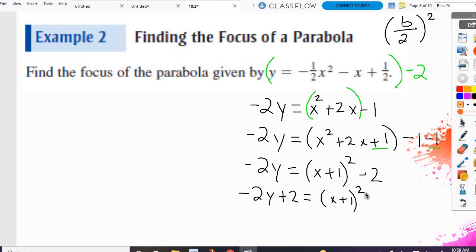And then our last step is that we want the leading coefficient of our y to be 1. So you need to factor out whatever number is in front of your y. So now, where is our vertex?